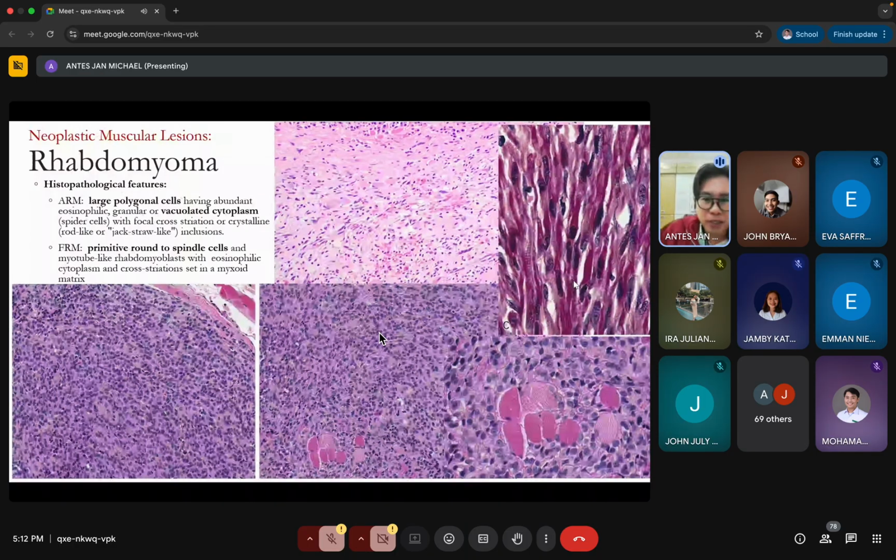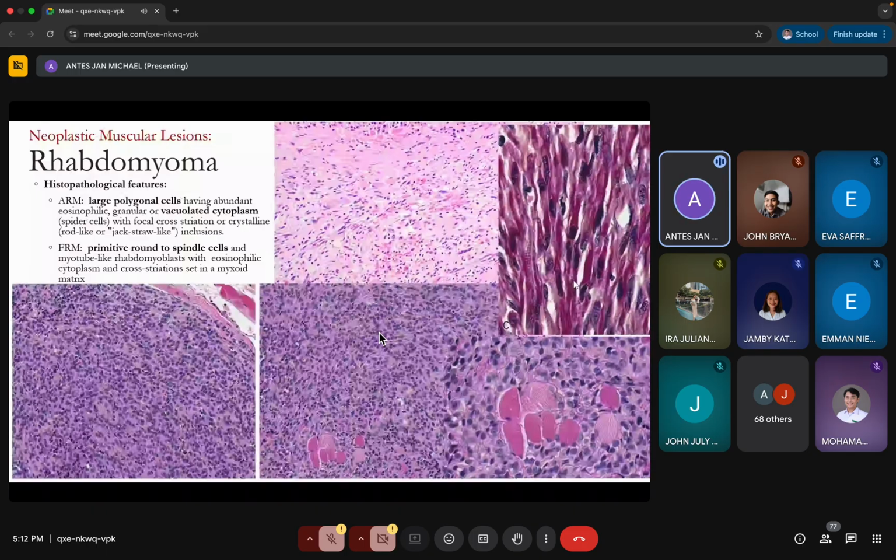They would appear as if the morphology is similar to a strap cell. Now, these strap cells also have some cross striations that we would see in skeletal muscles. But generally, in the low power objective, more of the cells are appearing round, primitive, and similar to a rhabdomyoblast.